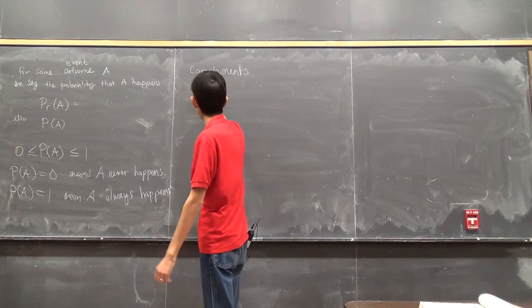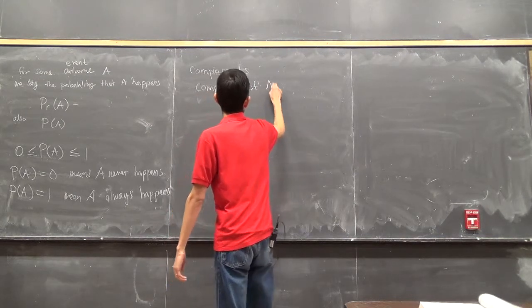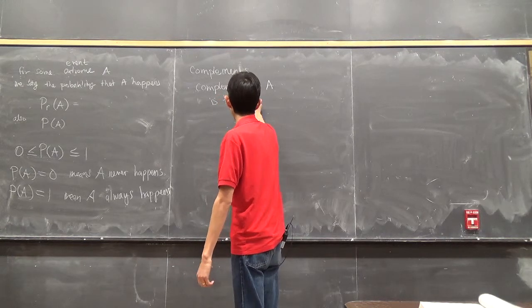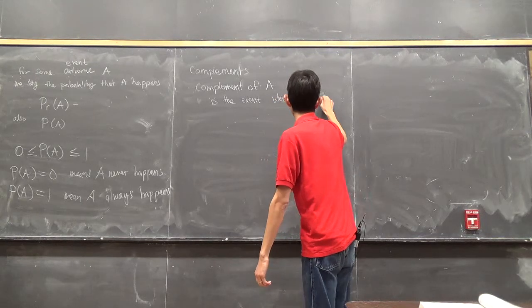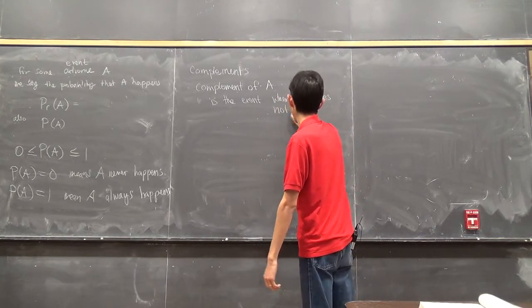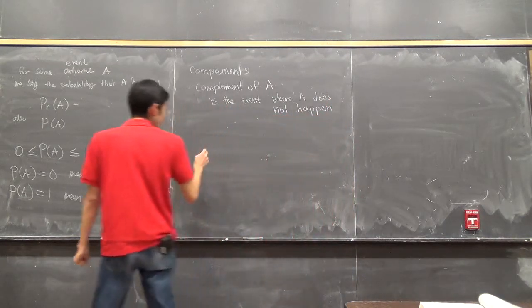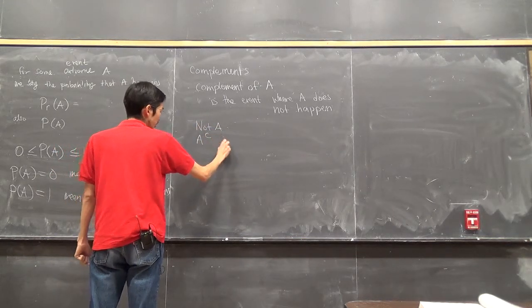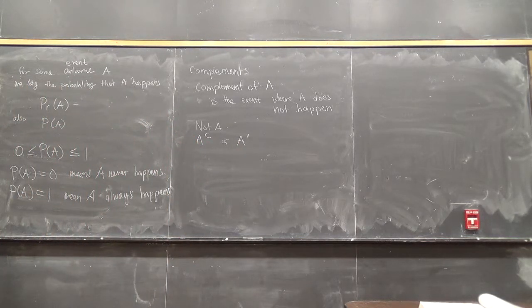The complement of A is the event or outcome where A does not happen. We can write the complement of A as not A, or A complement, or A prime. Basically all of these mean that A did not happen.